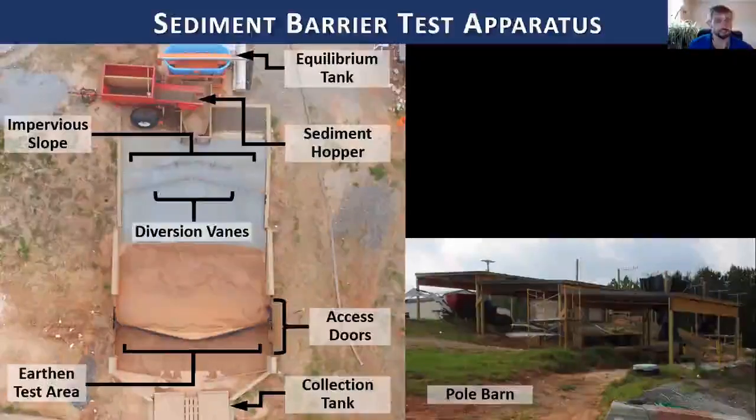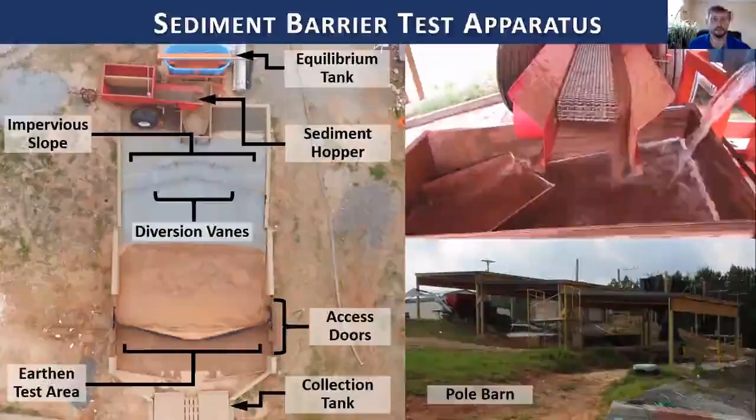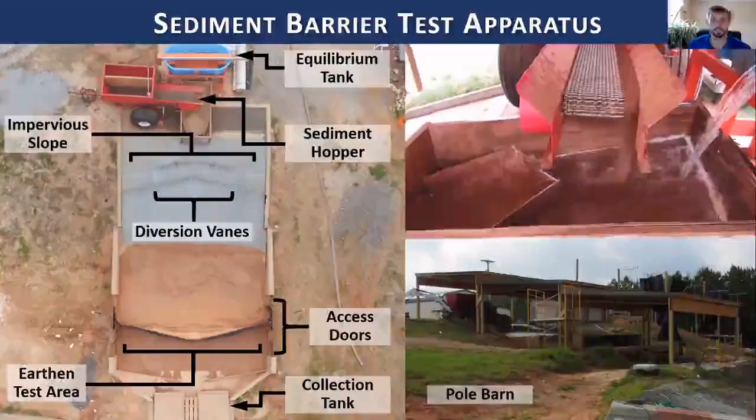So we constructed a 20-foot wide sediment barrier testing apparatus that has an equilibrium tank to introduce water. It has a sediment hopper to introduce soil. That flow is discharged onto an impervious weir, and then it hits diversion vanes and turns into sheet flow.